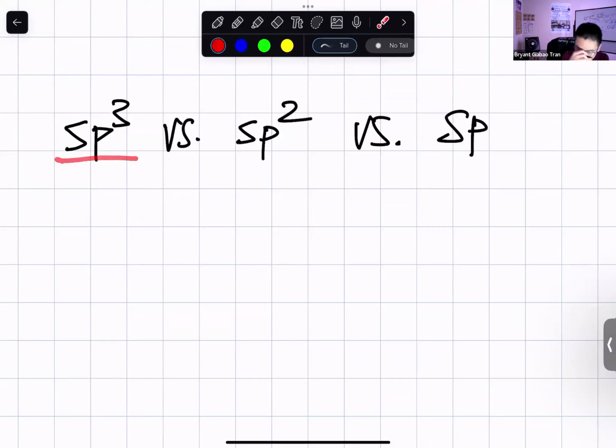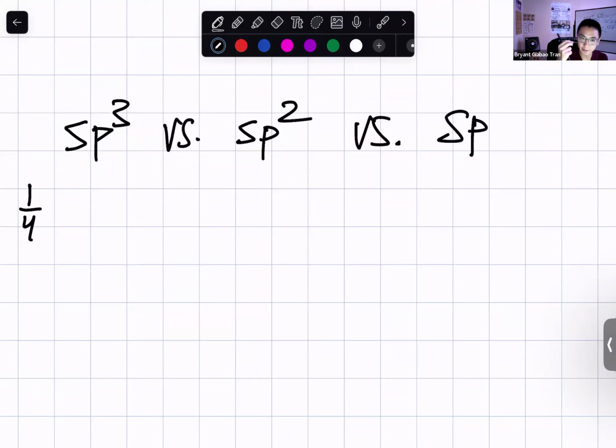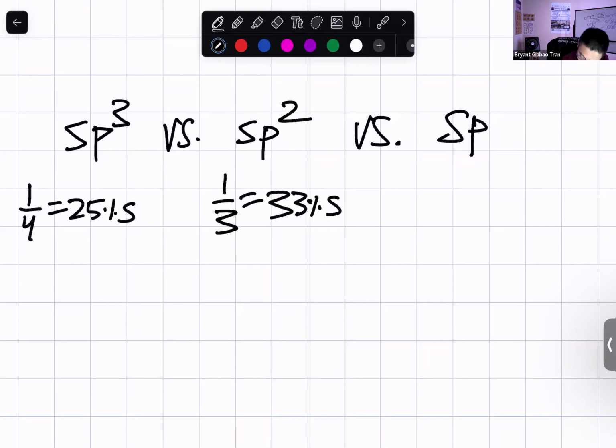For sp3, there's one s orbital out of 4 total orbitals that are hybridized together, like 1 s plus 3 p, which is 25% s character. For sp2, there's one s out of 3 total orbitals, that's 33% s character. For sp, there's one s orbital out of 2 total orbitals, which is 50% s character.